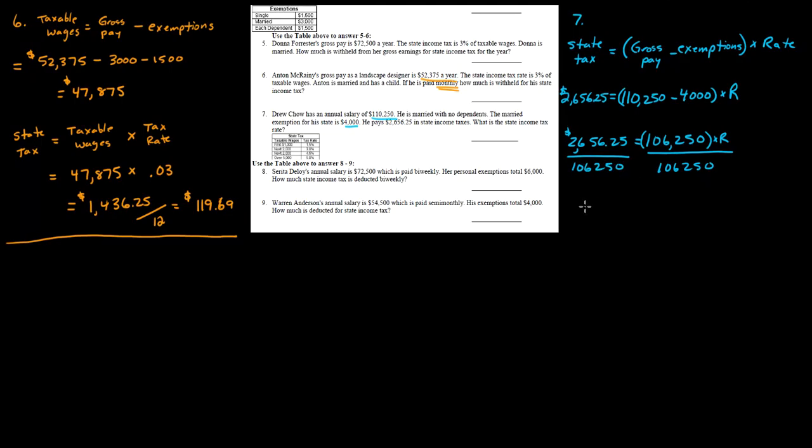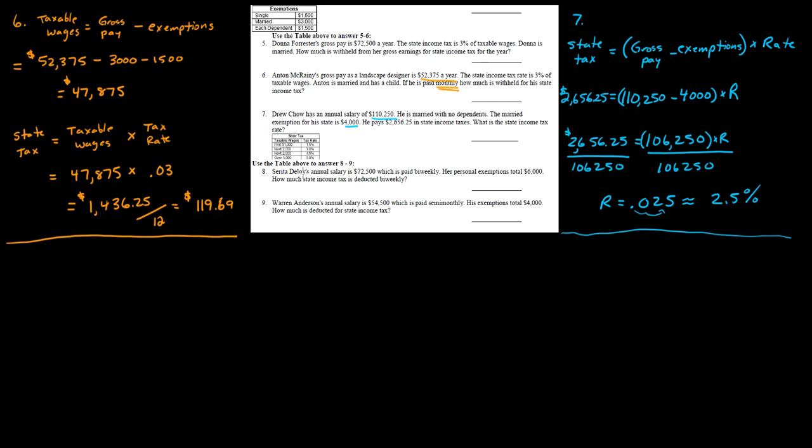When I do that, R equals 0.025. Now, 0.025 is a decimal, and it's asking what percentage I am going to be charged in taxes. To go from a percentage to a decimal, we go to the left two. From a decimal to a percentage, we go to the right two. So the answer is 2.5% is the rate that we're paid.